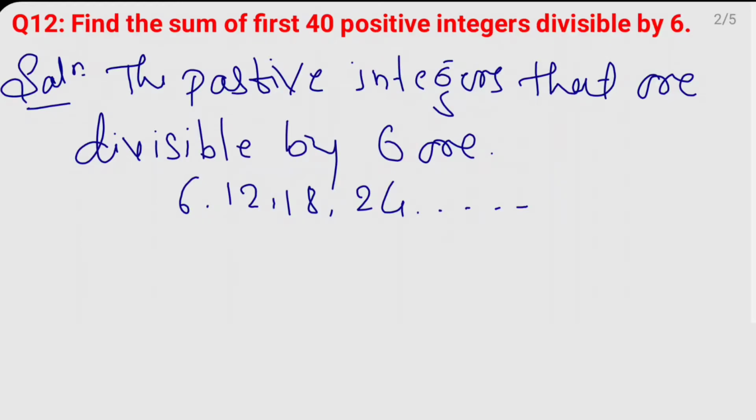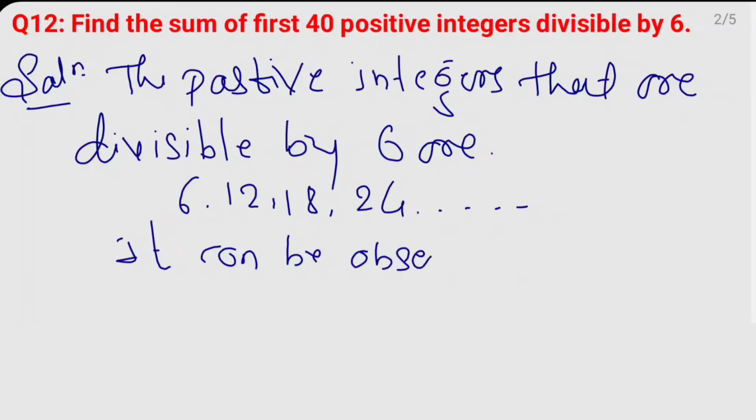Is it clear? So these are divisible by 6. We can observe that these are making an AP whose first term is 6 and a common difference is also 6 here, right?